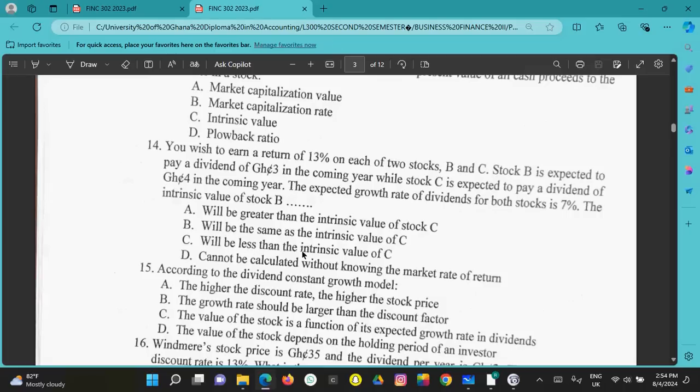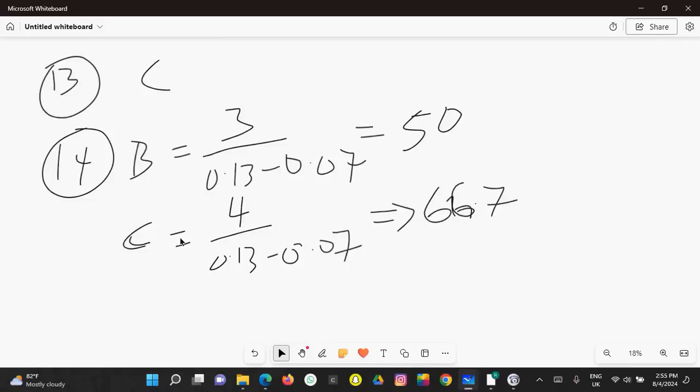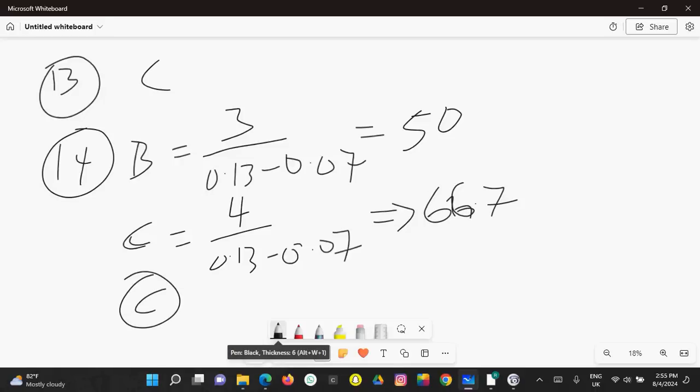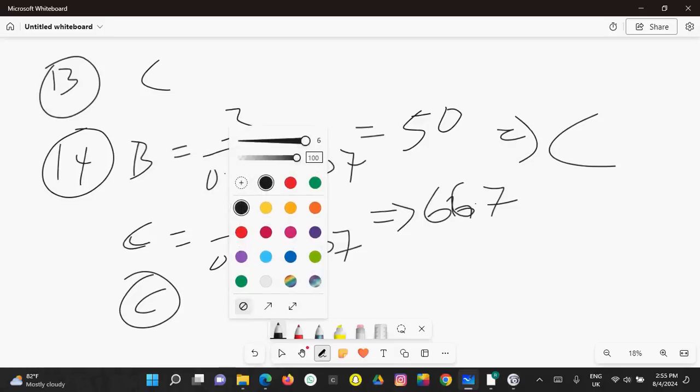It is less than the intrinsic value of C. So answer option C is correct. So 14 is answer option C. So let's go to 15.